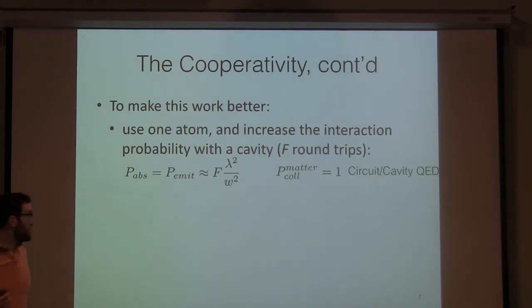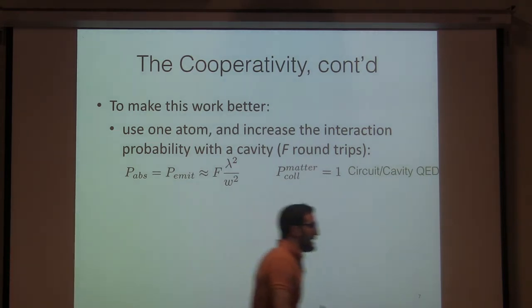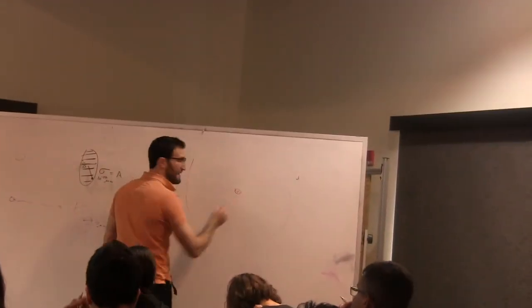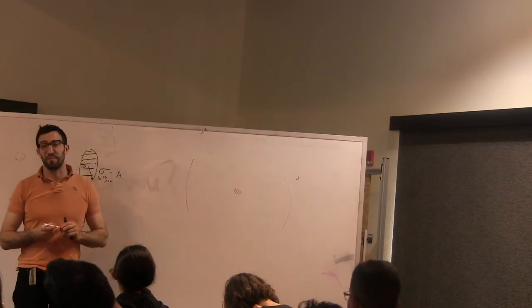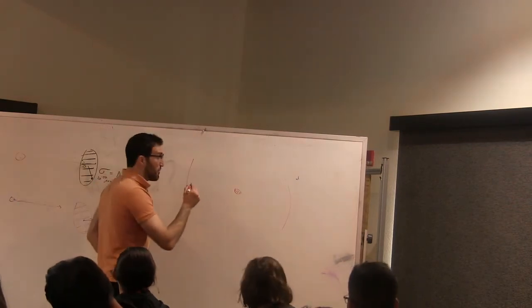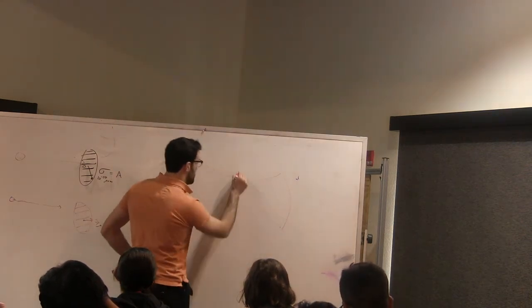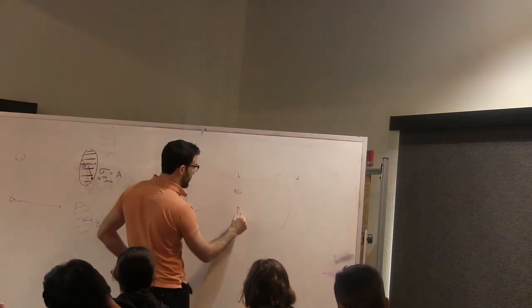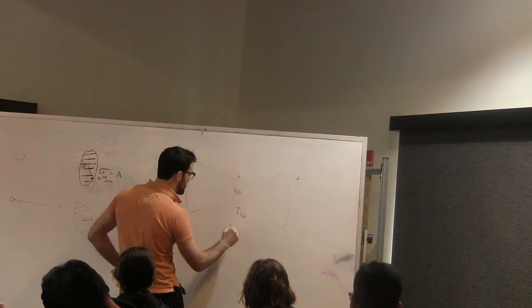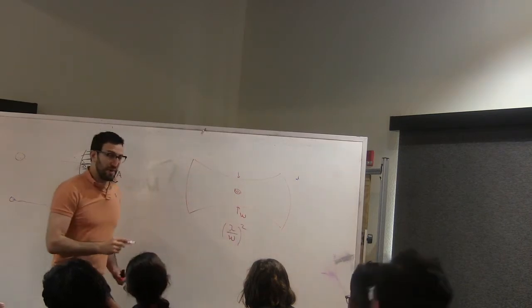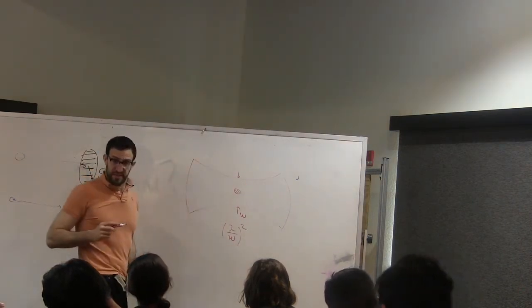Well, there are a couple things you can do. One is, you take a single atom, okay, and you put it between a pair of mirrors. And as you may remember from yesterday, I really like mirrors. Okay? So the point is, each time this photon goes past the atom, the size of the light is W. The probability that it gets scattered each time is lambda over W squared, but it gets a whole bunch of chances, right?